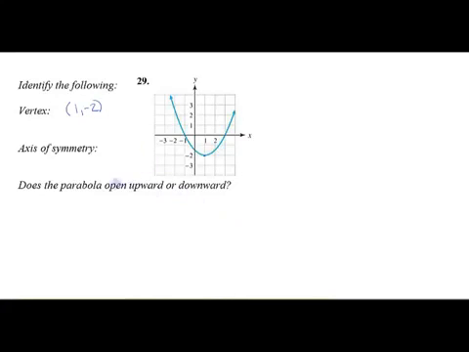The axis of symmetry is that vertical line that we could draw through the middle of that parabola, and its equation is x equals the x part of the vertex. Does the parabola open upward or downward? This one opens upward. Remember, if it opens up, it's like a cup. If it opens down, then it's like a frown.